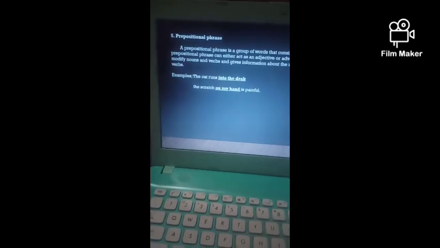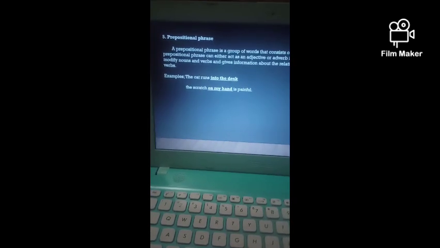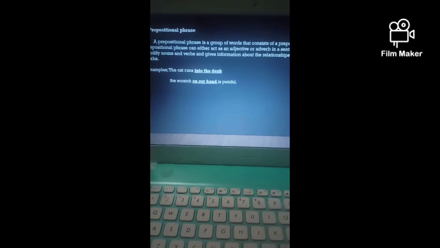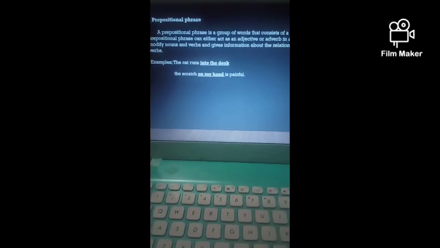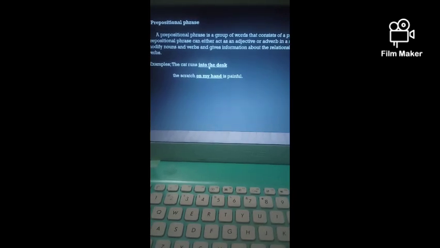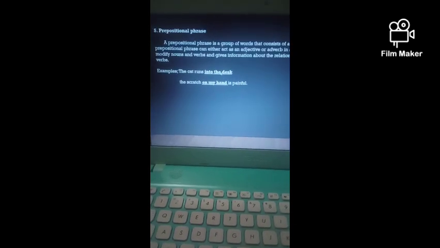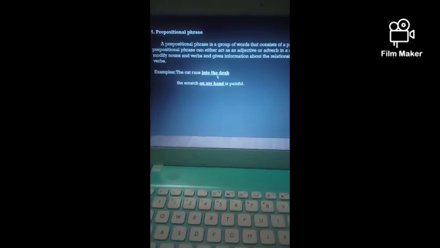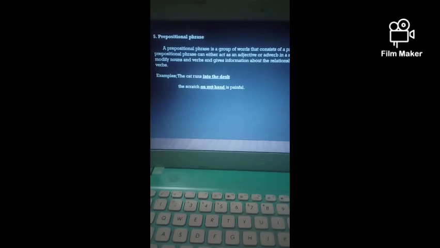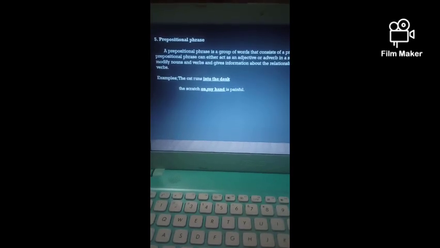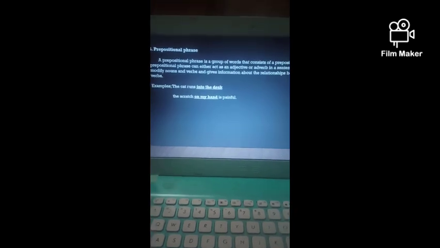For example, the cat ran into the desk. So into the, prepositionalnya yang ini. On my, ini onnya yang ini prepositional on, dan into ini prepositional.